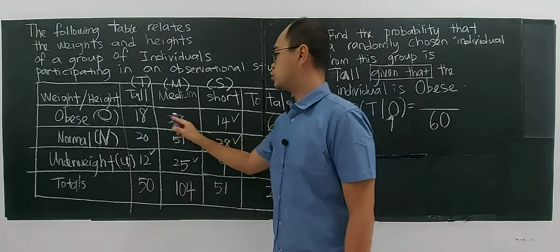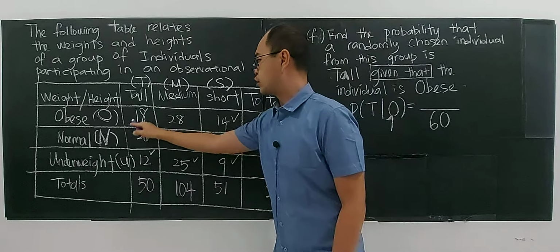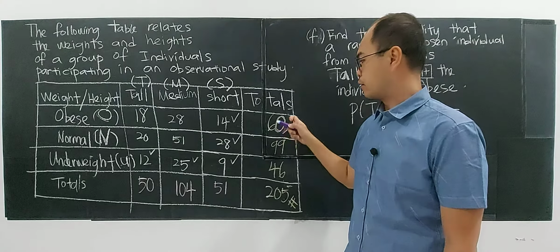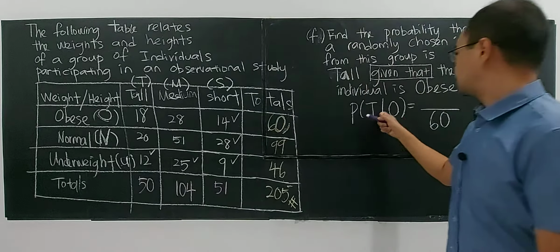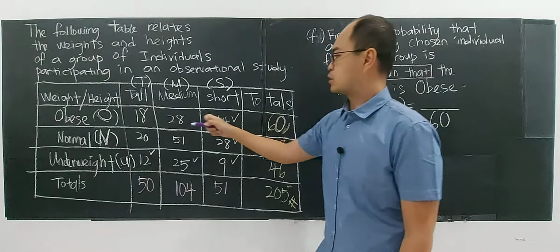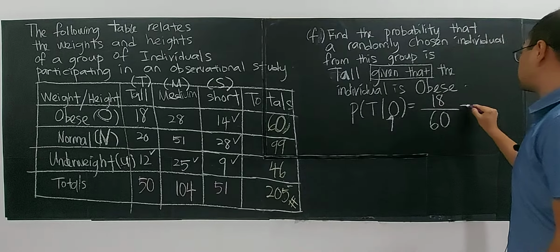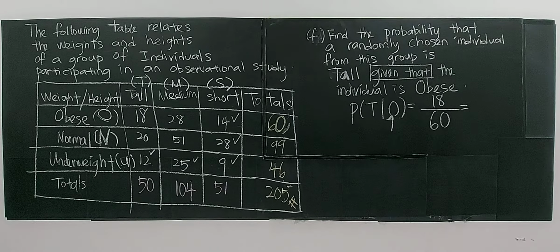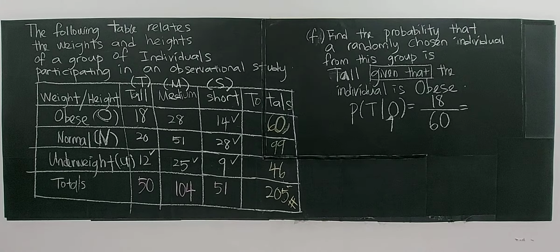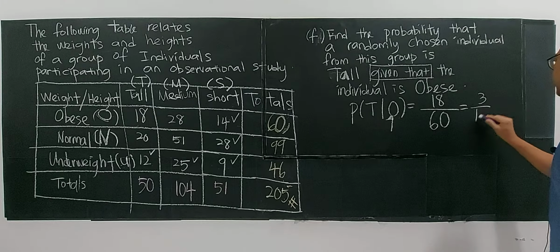So we just take from these 3 values here, from this 60, given that it's from the obese. Which is tall? 18. So it's 18 over 60, which will give us 3 over 10. It's 3 out of 10.